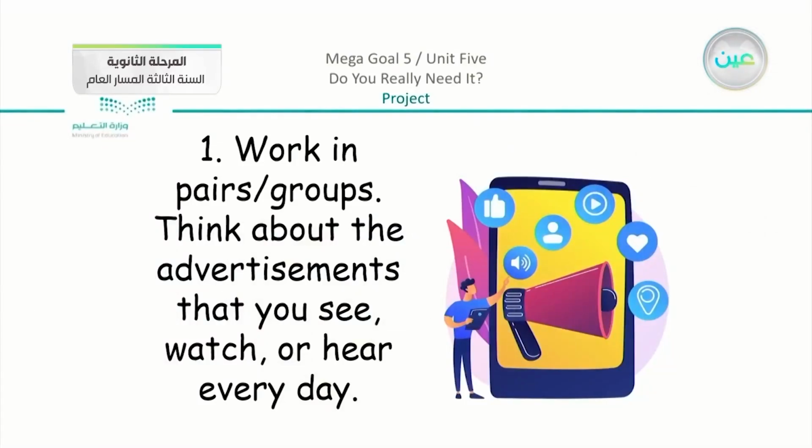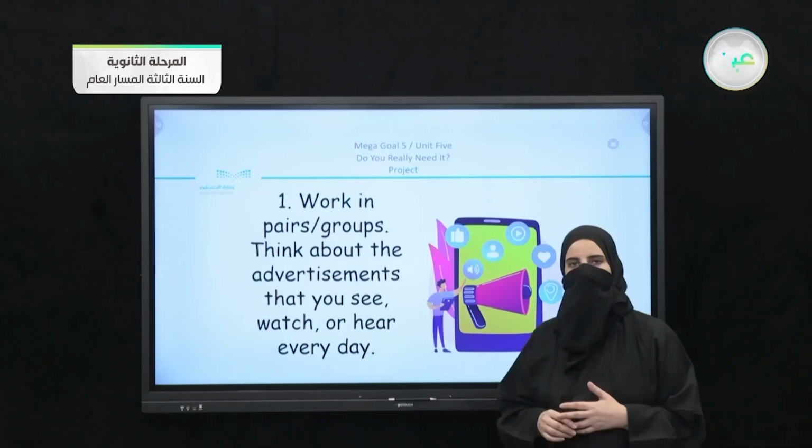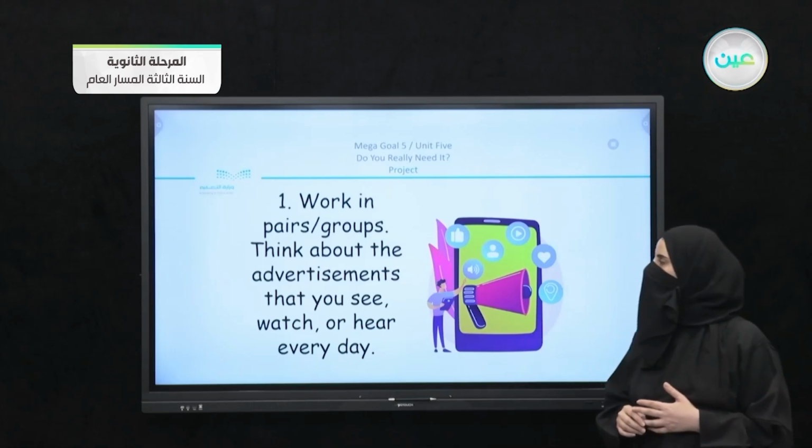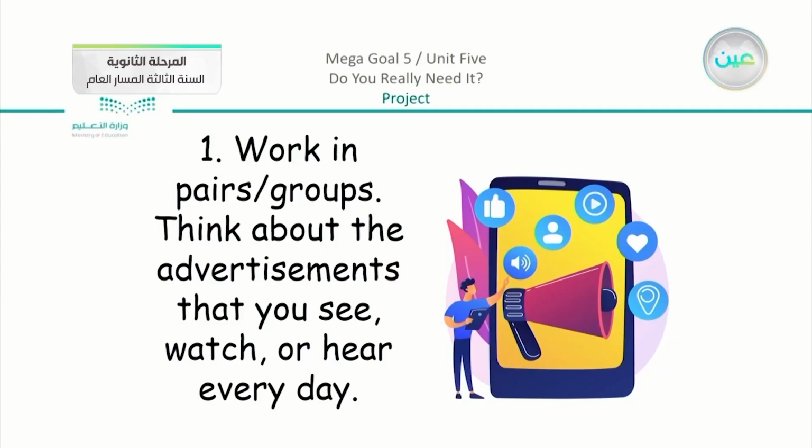Now you do have the instructions mentioned in the book. We have number 1. Work in pairs or groups. Think about the advertisements that you see, watch, or hear every day. So basically we have here a general topic. We are going to discuss with our teams, with our groups, about different advertisements that we see and watch every day.